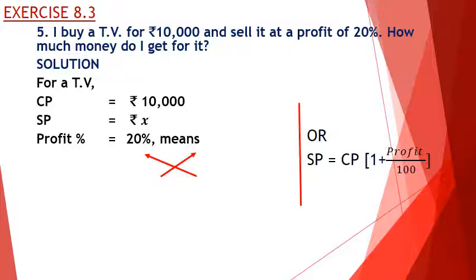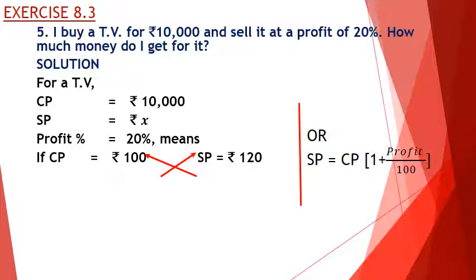So what will be the SP? Profit plus CP, that is equal to 100 plus 20, 120. Here we are writing directly. So profit percentage is given, you can add with 100. And if loss is given, to get the SP, you subtract it from 100. This is the first step.